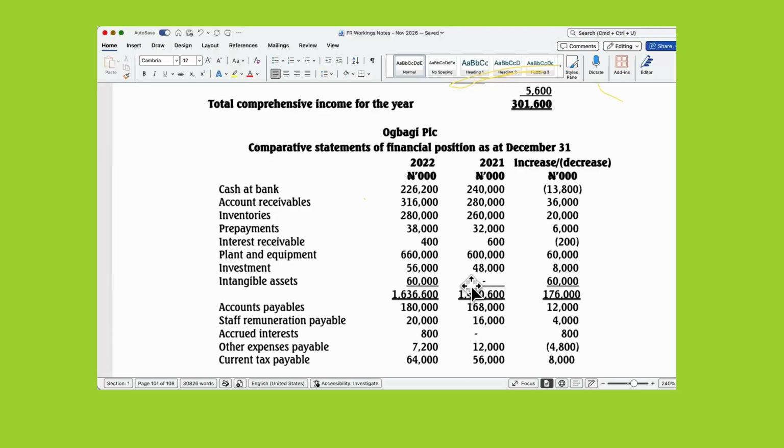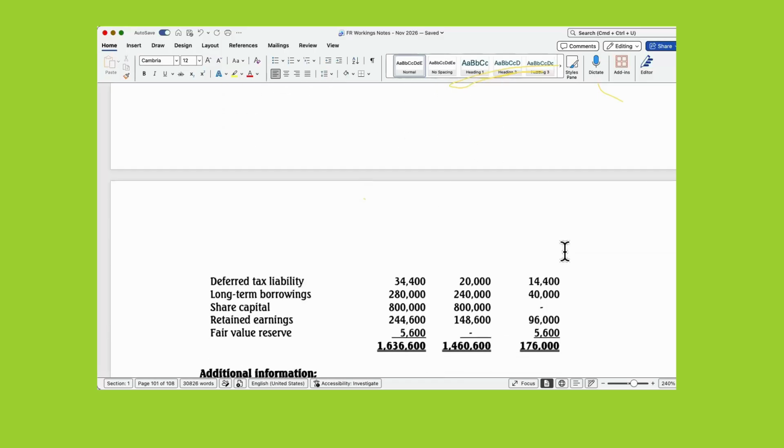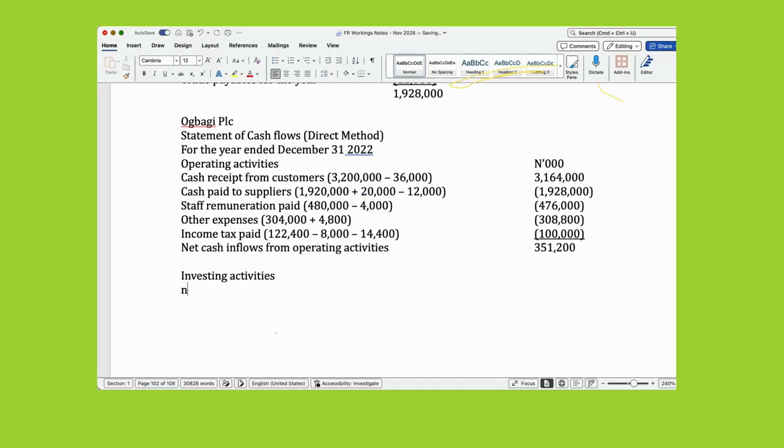Because it's a decrease, just like we deal with other expense payable. With interest receivable, in fact, we over received; we received more than that 20,000. That's why it's a decrease. So instead of deducting, you add this 200. And that will be the first item I will put here: my interest received.